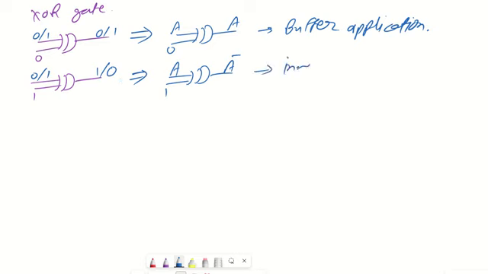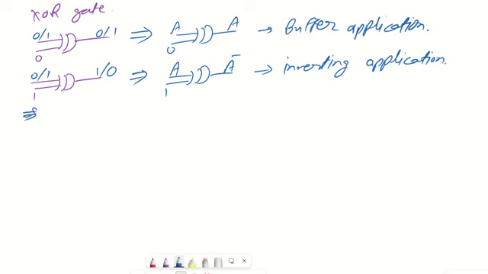If you want to invert the output, you can tie one of the inputs to 1 and you will get the output as the opposite of the input.